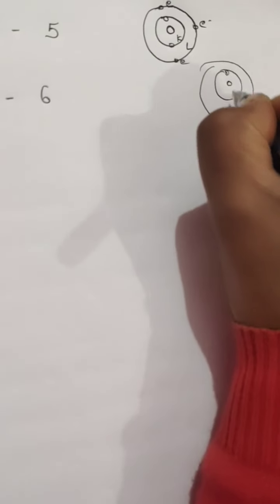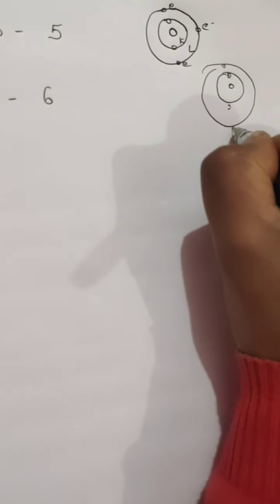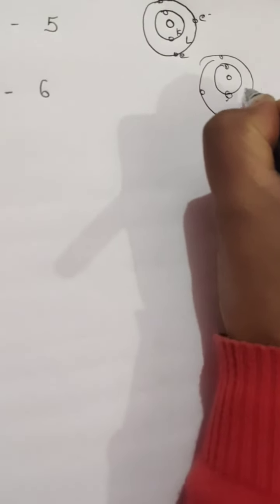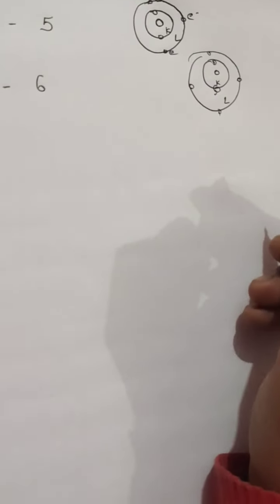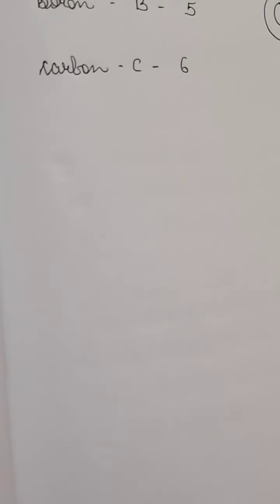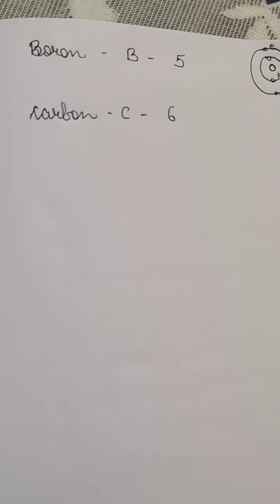The first shell has 2 electrons, and the second shell has 4 electrons, the K shell here and the L shell here. So carbon has 4 electrons in its outer shell. This is in your NCERT book as well, so you can study that. I will not tell you all the examples, or it will take a long time.